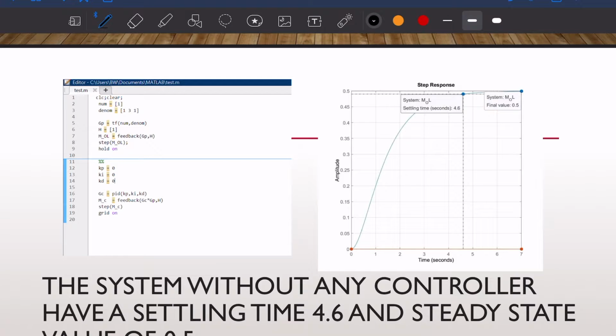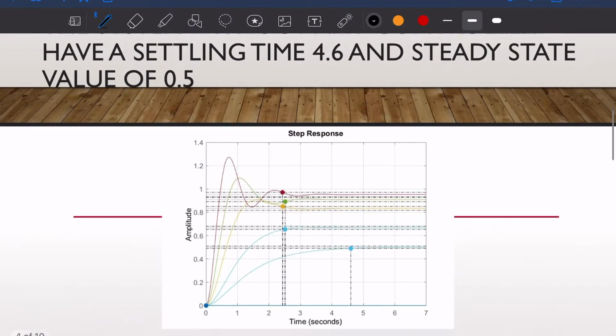Then the step response has a settling time of 4.6 seconds and a final value of 0.5. We wanted to hit 1, and this settling time is not good. We want it to be as fast as possible, and 4.6 is definitely not good.